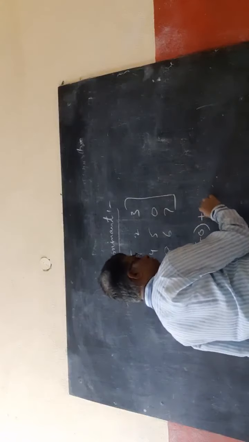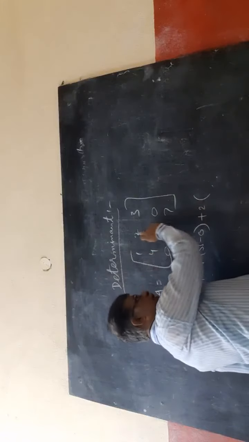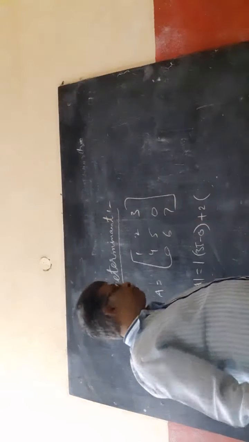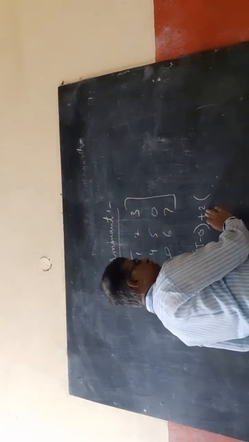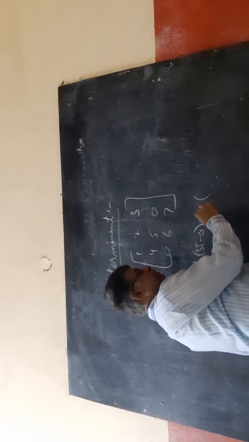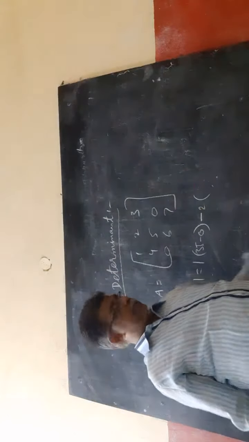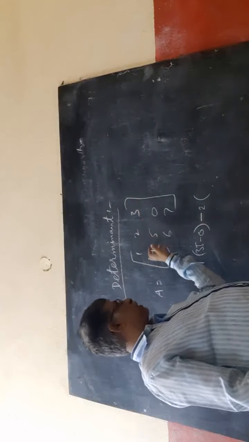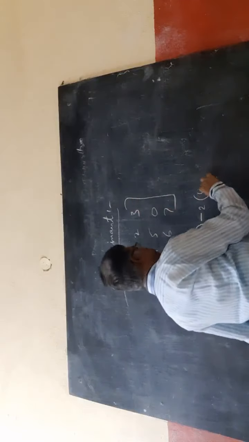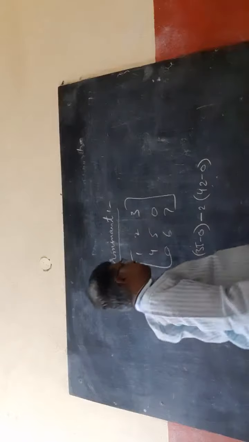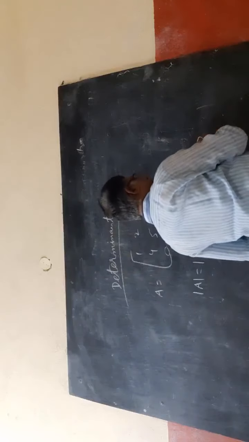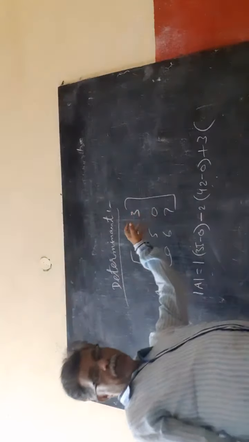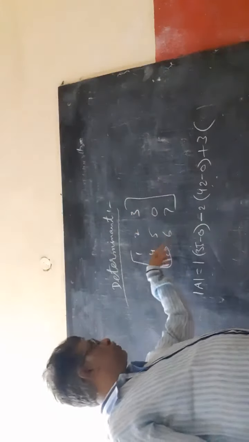Plus 2 into its cofactor. Cofactor is -1 whole power i plus j. First row, second column means whole power 3. So -1 whole power 3 means minus. Closing this row, this column gives you 4 into 7, 28, minus 0. Plus last element 3 into its cofactor -1 whole power 1 plus 3 is 4, so plus only.